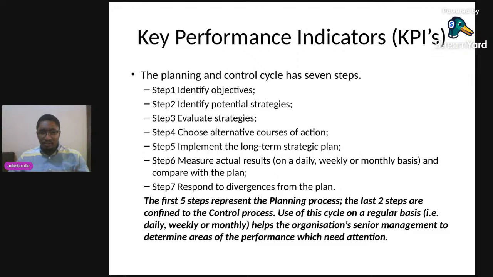The last 2 steps are confined to control and evaluation and managing the entire process. So the use of the cycle on a regular basis, maybe weekly, monthly, daily, will help organization, our senior management, determine areas of performance which they need to either extend or make better.